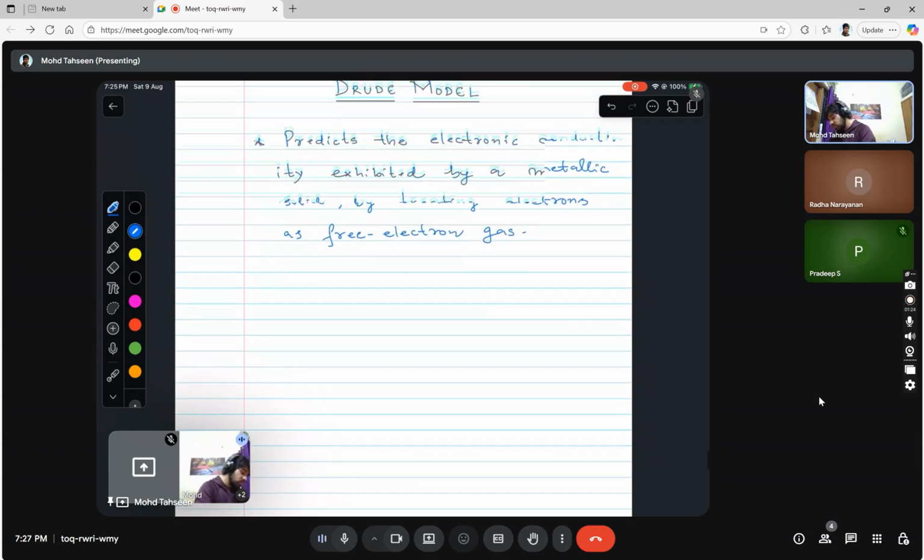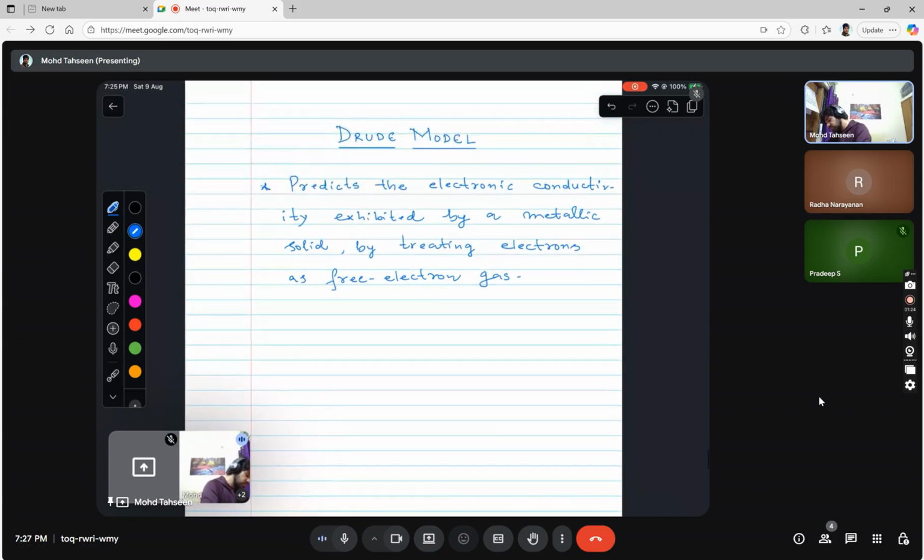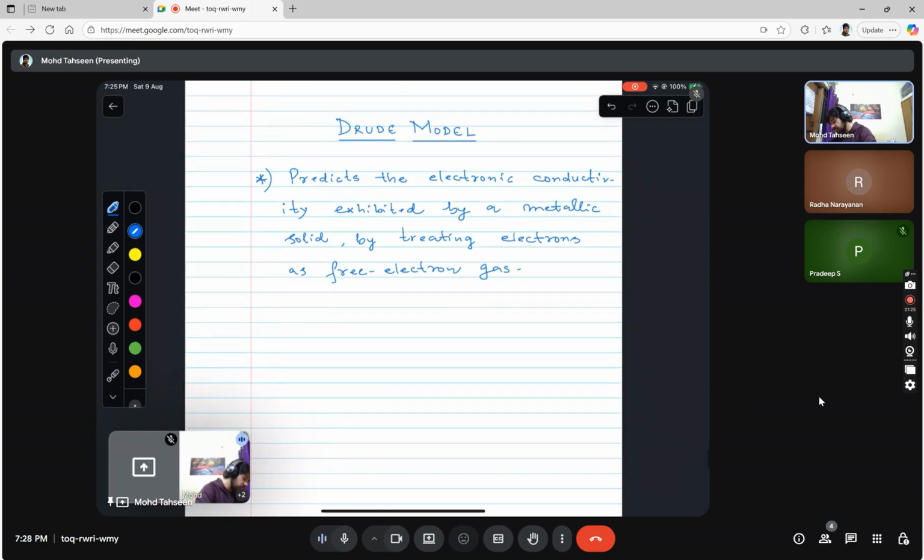So what this Drude model does is, this is its first application. I'm just letting you know what the application is before I tell you what the model itself is.